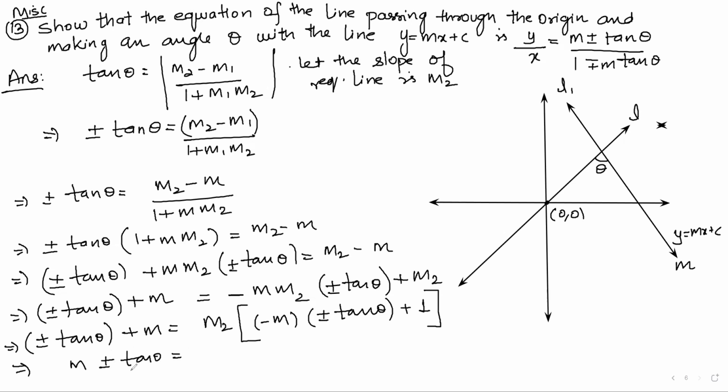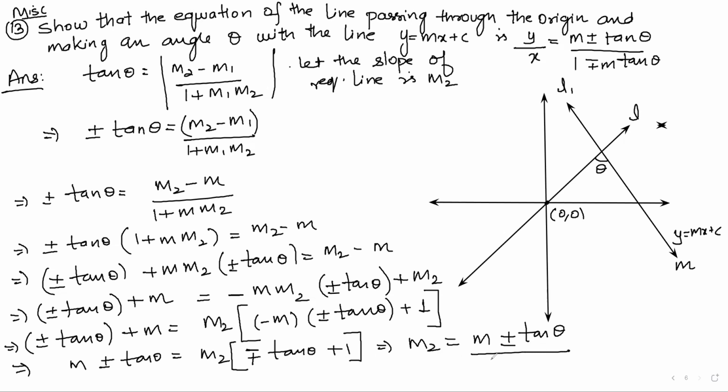इसको हमने first लिख दिया, इसको हमने बाद में लिख दिया. Now in this one there's a negative outside this, so when we multiply this negative, this positive sign becomes negative and this negative becomes positive. Plus 1. So you will get m2 is equal to m plus minus tan theta by, this can be written as 1 minus plus tan theta.